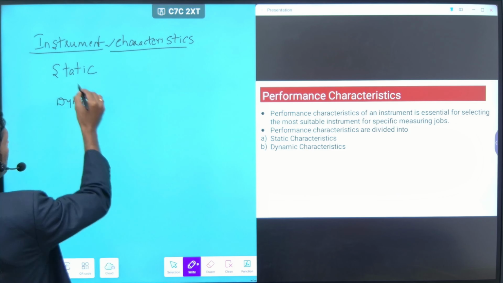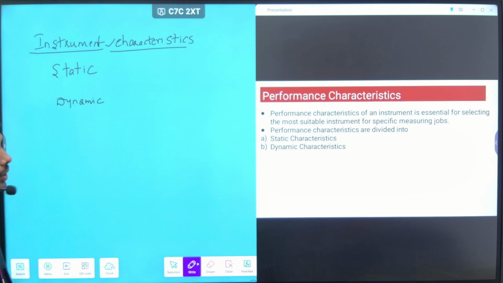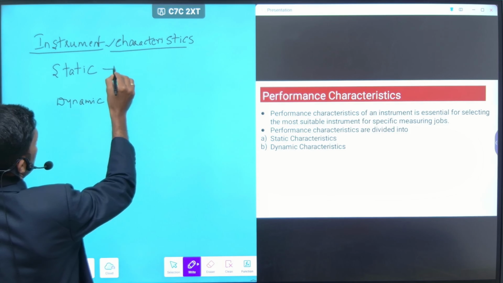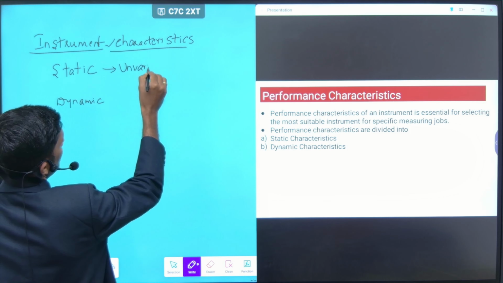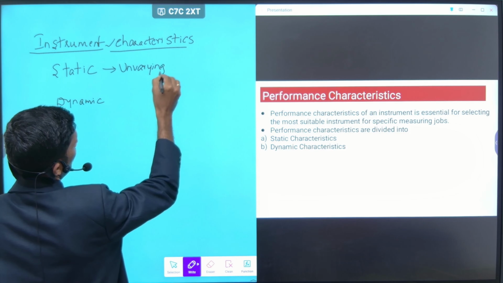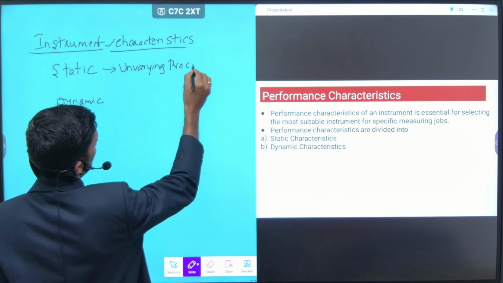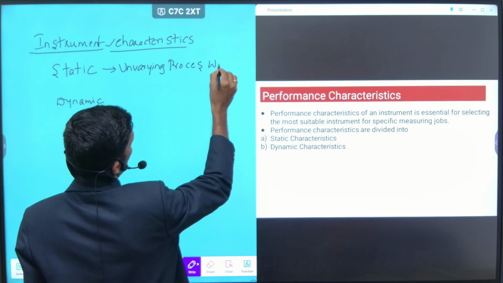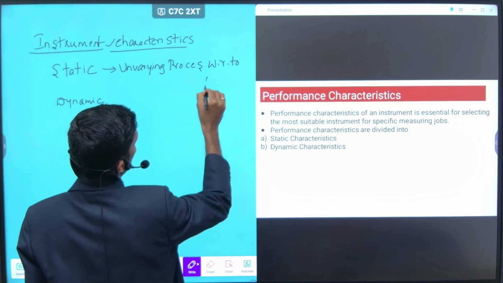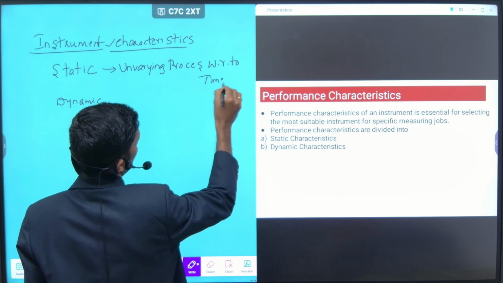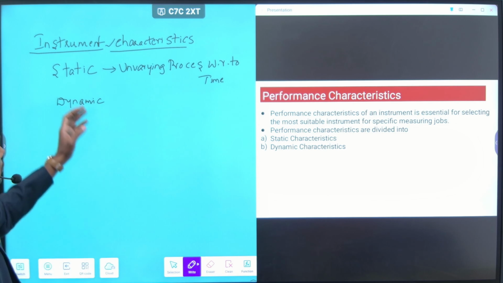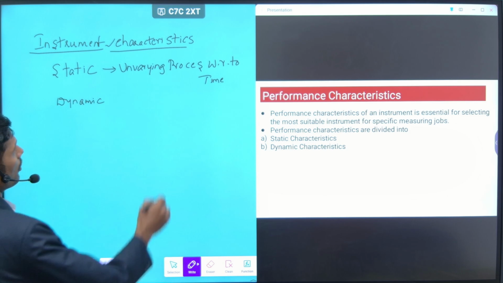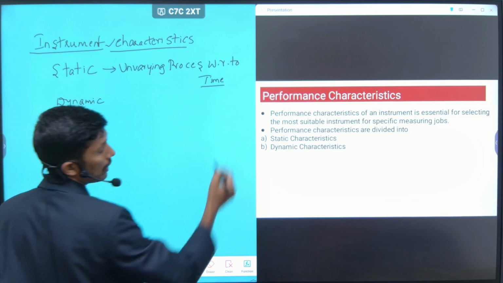So what is meant by static and what is meant by dynamic? Static characteristics means it is an unvarying process with respect to time. Whatever quantity we measure by using the instrument, those measurements do not vary with respect to time. Those types of characteristics we call static characteristics. The second one is the dynamic characteristics. It is a varying process with respect to time. That means these dynamic characteristics can vary with respect to time.